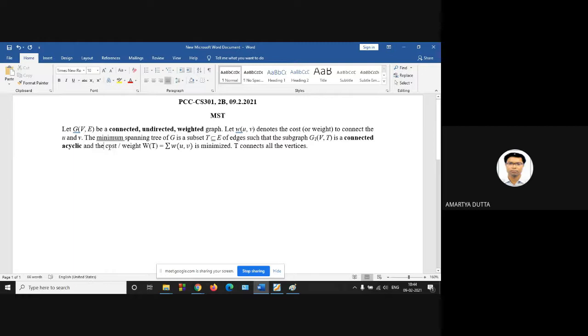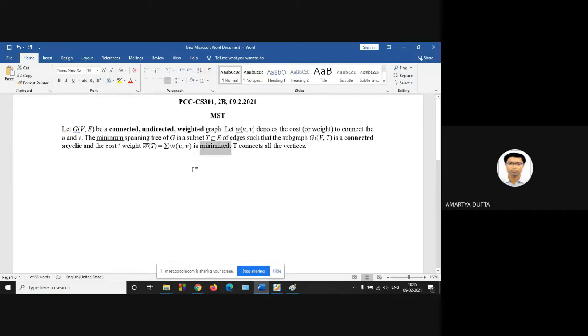That's why the cost or weight of the newly produced graph G1, which is a spanning tree of the given graph G whose vertices are V and edges are E, is the summation of all pairs UV that belong to the newly created graph, which is minimized.